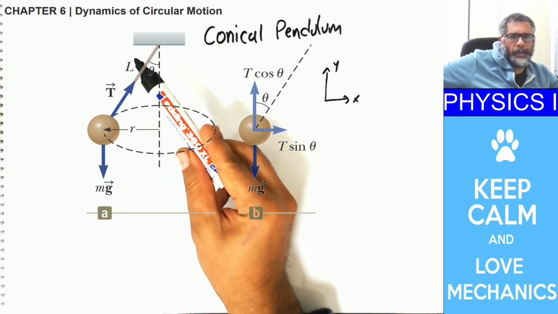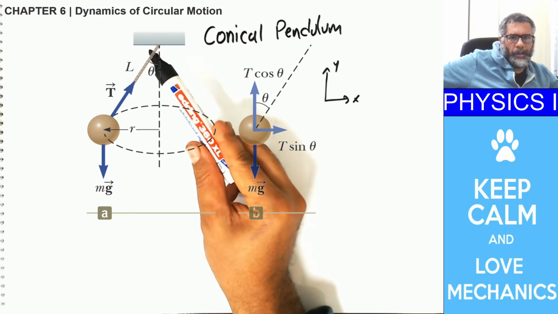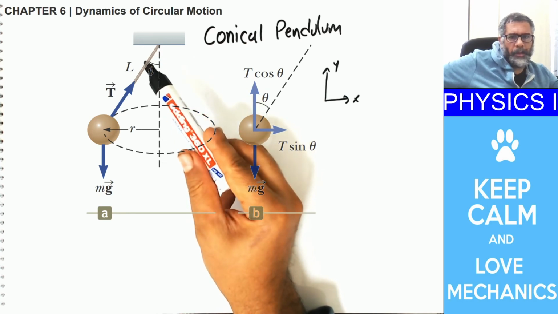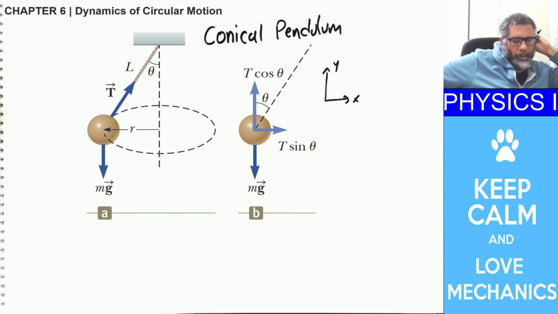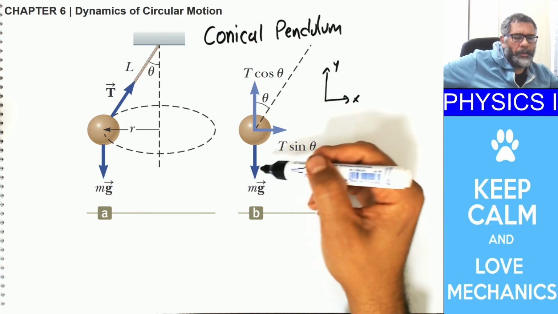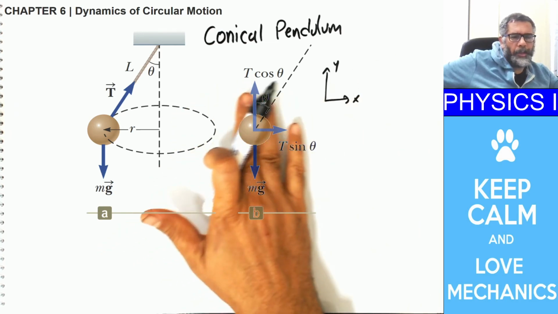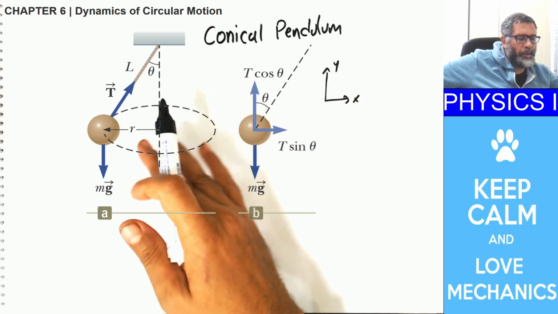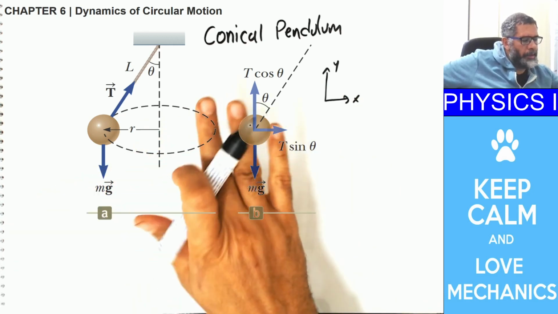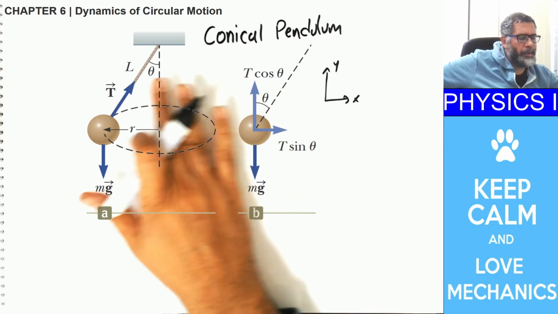This angle that the string makes with the vertical line is not going to change. So we can analyze the motion on a plane perpendicular to the circle of rotation. The circle of rotation is one plane, and this is the plane that is perpendicular to it.